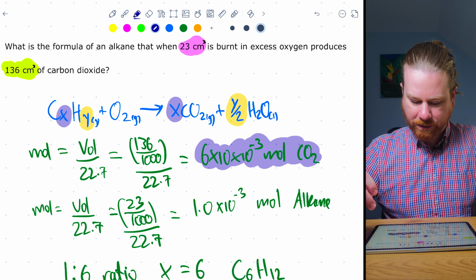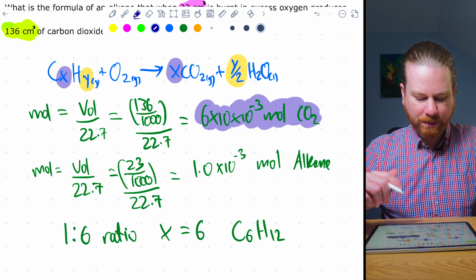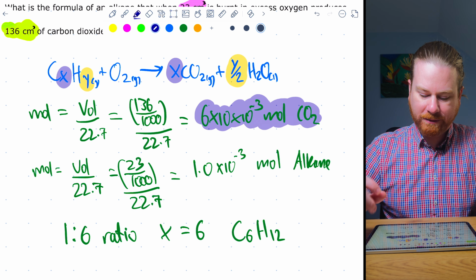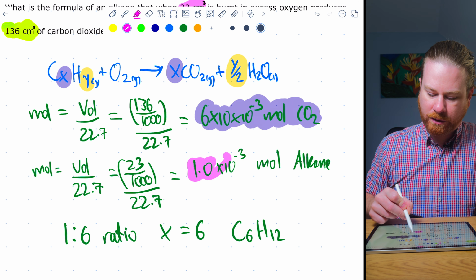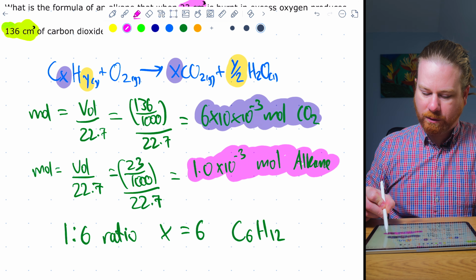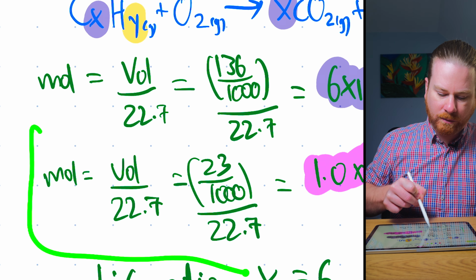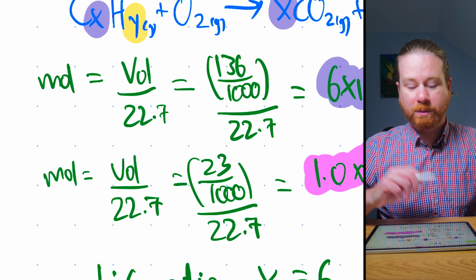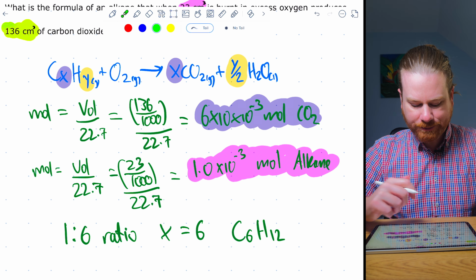Once we've got that done, we can see how many moles of alkane we have. Same as before, we're using exactly the same calculation as before, but just the number is a little bit different. This time it's 23. So now we know the moles of alkane.